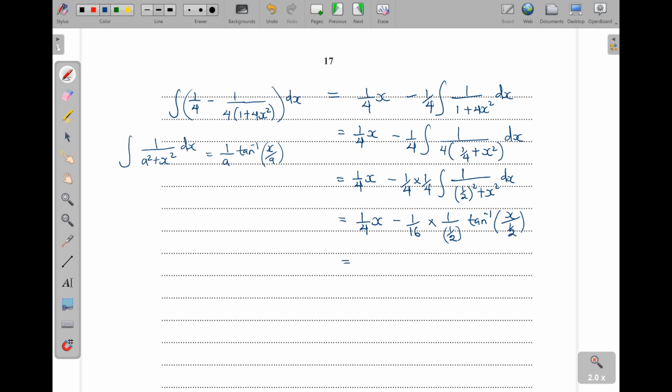So meaning we are going to have a quarter of x here, then a minus, of course this is a half, so 16 times a half, you will get 8. So we shall have 1 over 8, and then the arctan of, then this one will somersault, and then we'll multiply with that x up there. So meaning we shall have a 2x here.